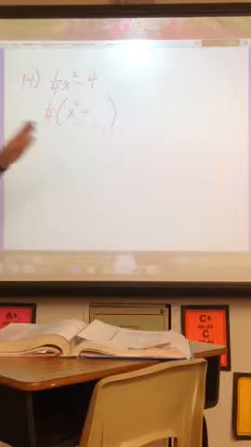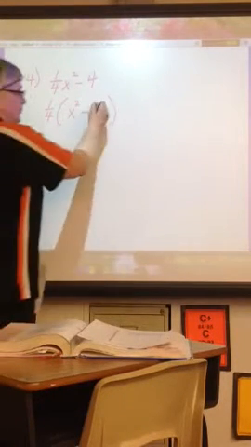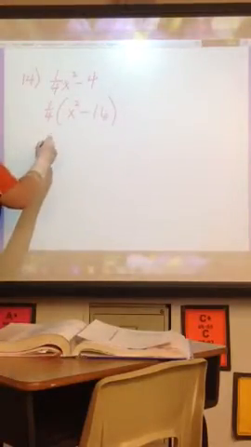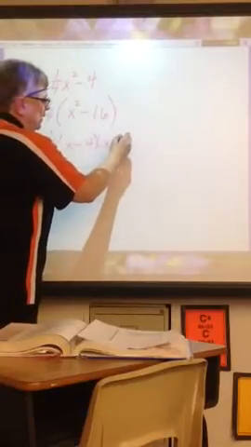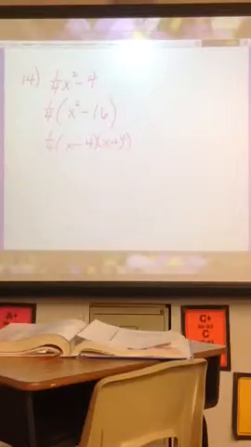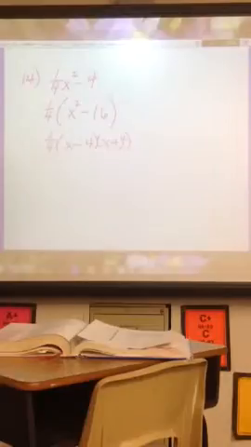If I take 4 times 1/4, that's 1. 16. Once you get into this, it's very simple, because this is a difference of two squares, just like 17. We have two quantities, the signs are opposite, so the middle term drops out.